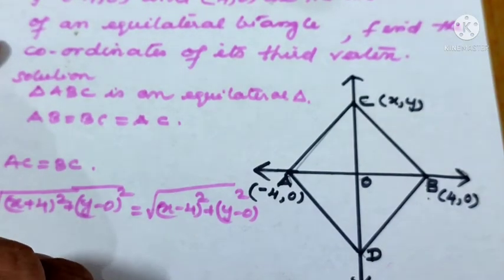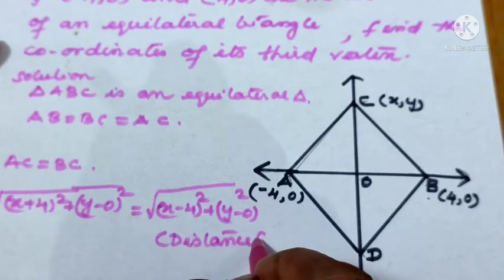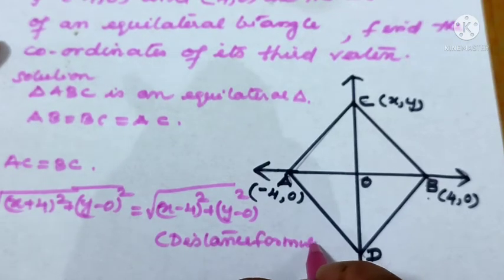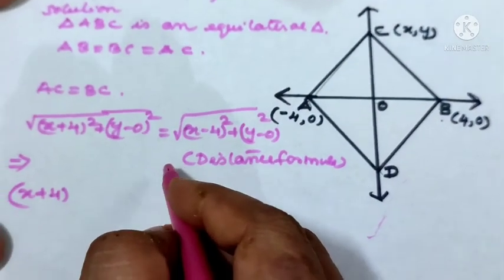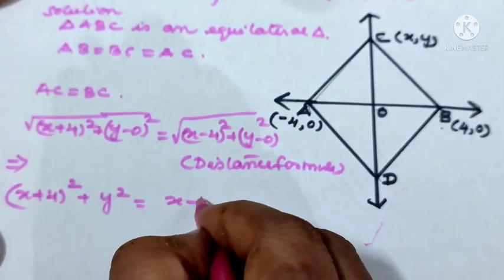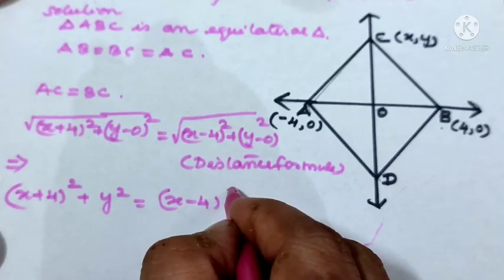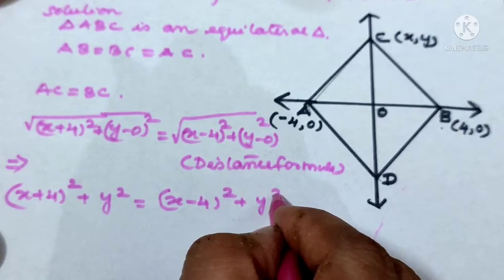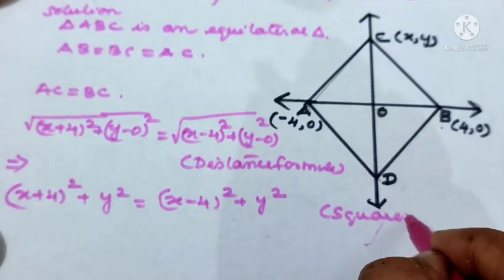So again I have to write here distance formula. x plus 4 whole square plus y square equal to x minus 4 whole square plus y square. Squaring we have done on both the sides.